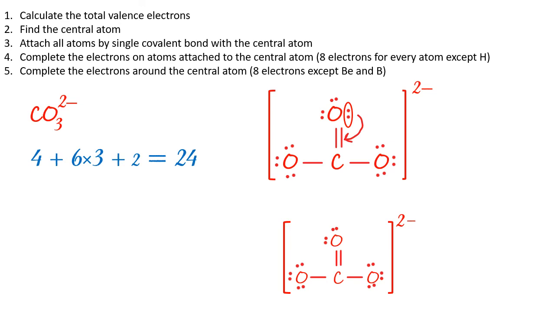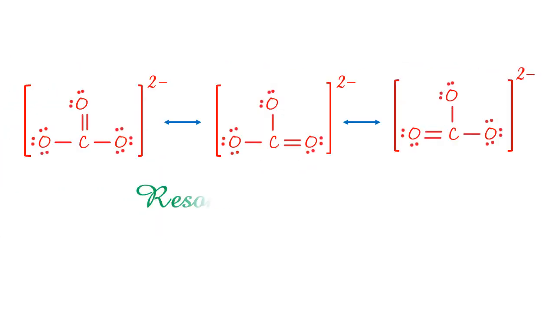And we can also write this structure as these 3 resonating structures. So we can say CO3 2 minus, the carbonate ion, shows resonance.